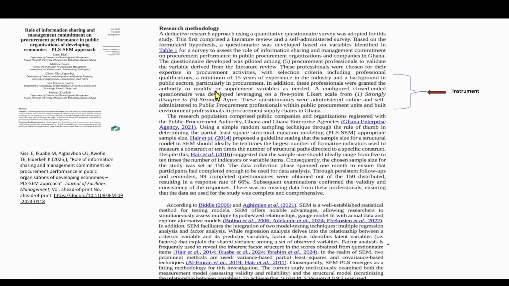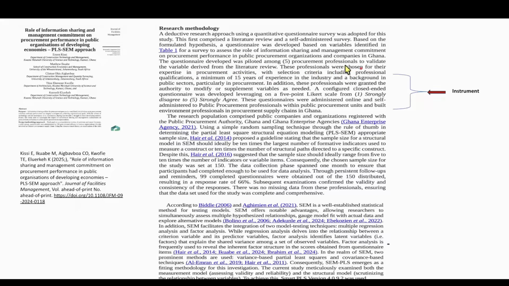So this is the example which we are taking since the starting, and let's have a look at it. So here the researcher is clearly indicating that the questionnaire developed was piloted among 5 procurement professionals to validate the variables derived from the literature review.